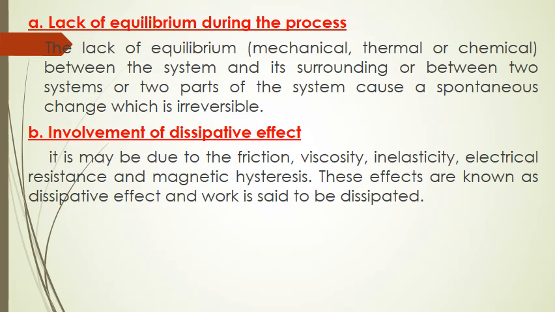The lack of equilibrium, that equilibrium may be mechanical, thermal, or chemical, between the system and its surrounding, or between two systems or two parts of the same system, causes a spontaneous change which is irreversible. That spontaneous change causes irreversibility. The lack of this equilibrium causes a process to tend towards irreversibility.